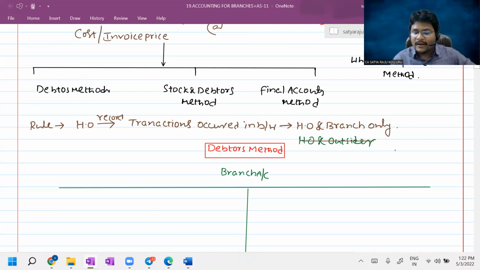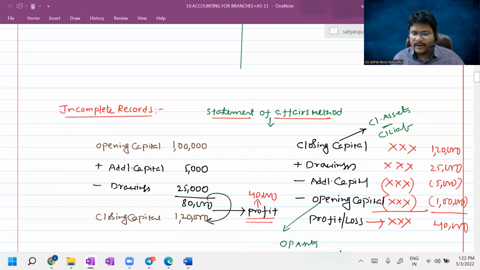Why, sir? Sir, for example, if the branch made sales to an outside party, but you are not recording such sales, then how can I ascertain profit or loss, sir? In case of incomplete records, in the statement of affairs method, do you calculate the total sales made by such enterprise for that particular period? Not at all.